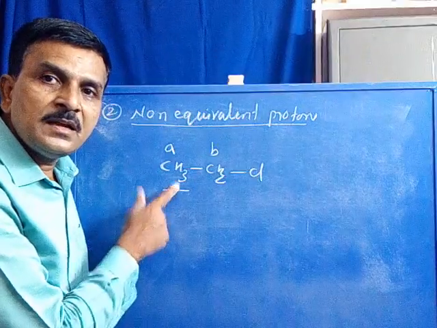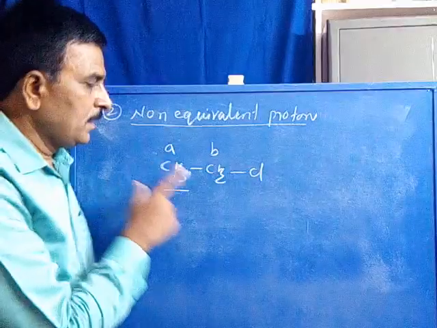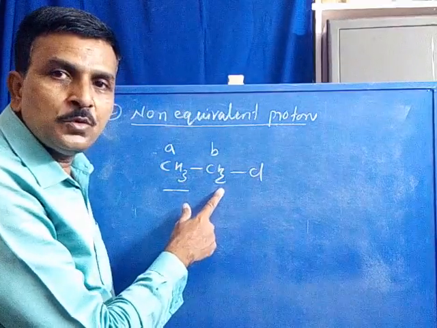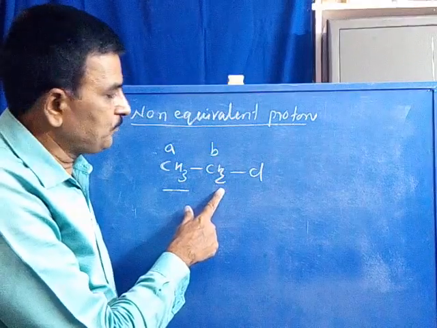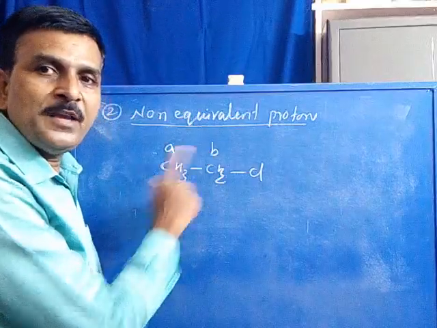We consider all these protons as one group, say A. Now the 2 protons of the CH2 group are magnetically and chemically identical, therefore they belong to one group, that is B.